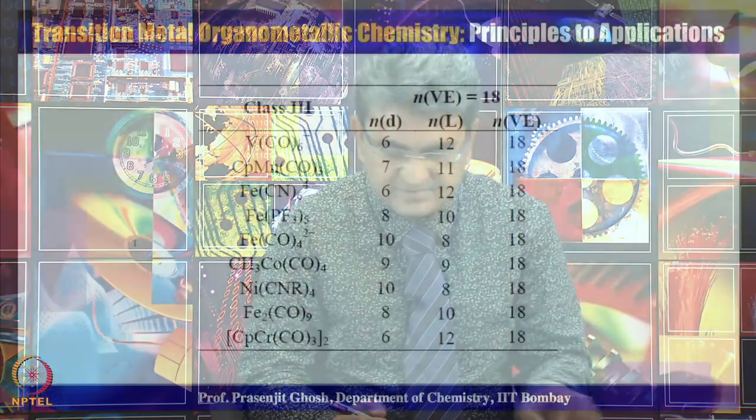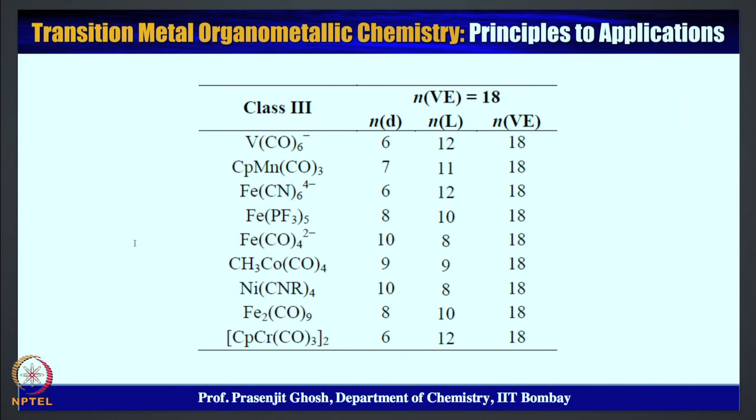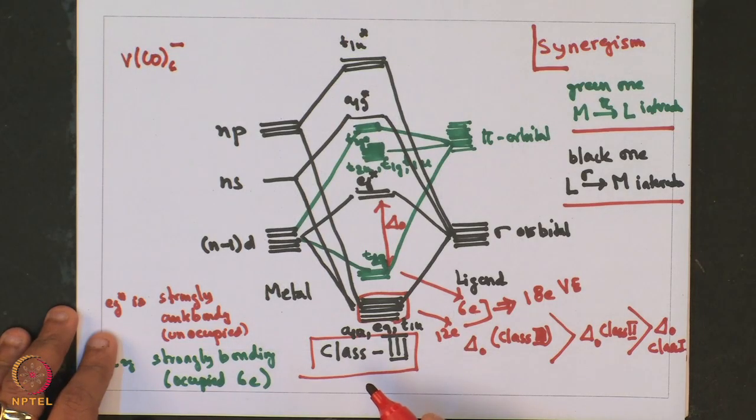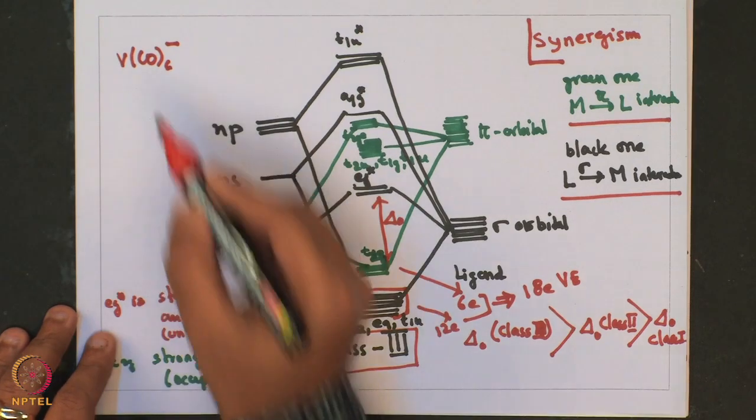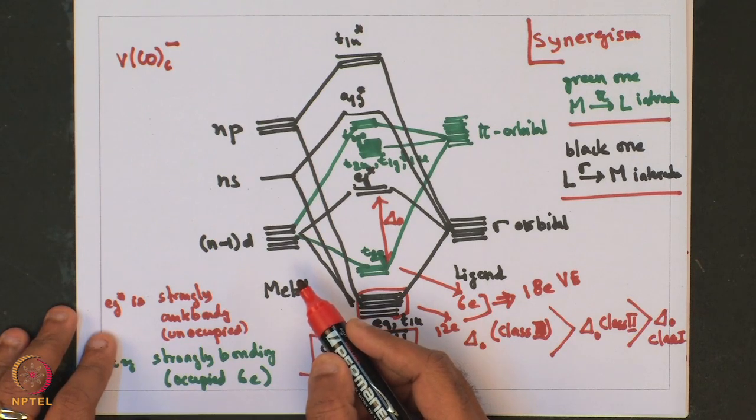Let us take a look at some examples of class 3 type complexes. For example, VCl6 minus, this has 6 d electrons and 18 valence electrons.